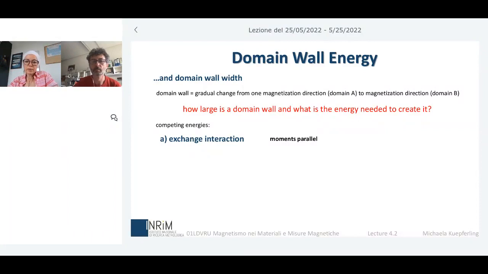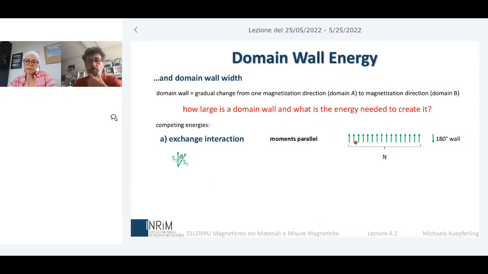Now, let's start with analyzing this exchange energy. So let's consider a wall that consists of n spin magnetic moments. And we are considering, of course, a 180-degree domain wall, so we are changing from up to down at the end.